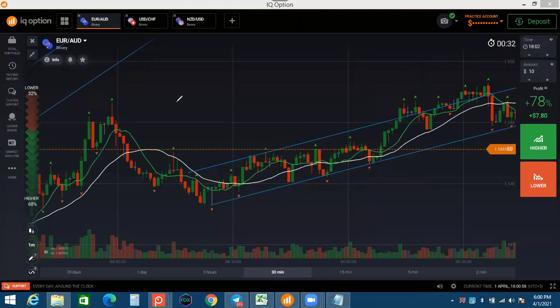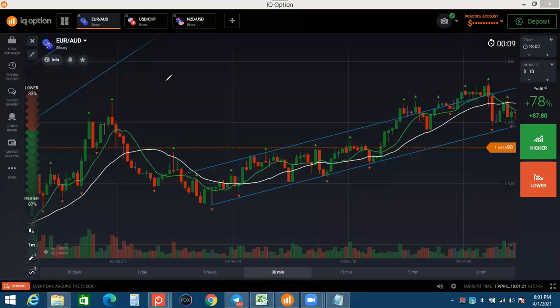Yes, you can ask me. I have a question, sir, not with respect to this topic. It's regarding SNR level. In the ranging market, once I draw horizontal support and horizontal resistance lines, I trade with a 5 minute candle expiration time.